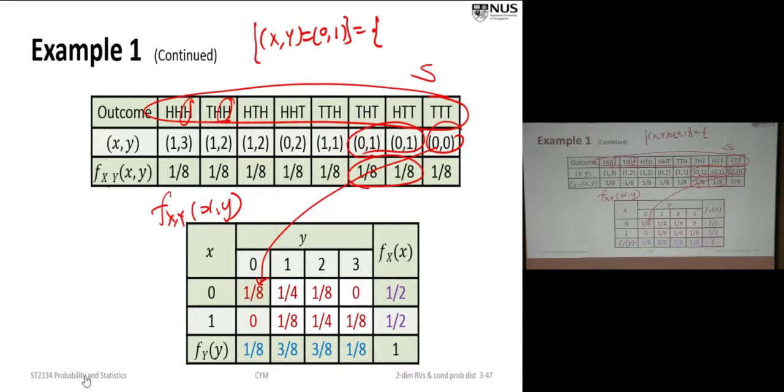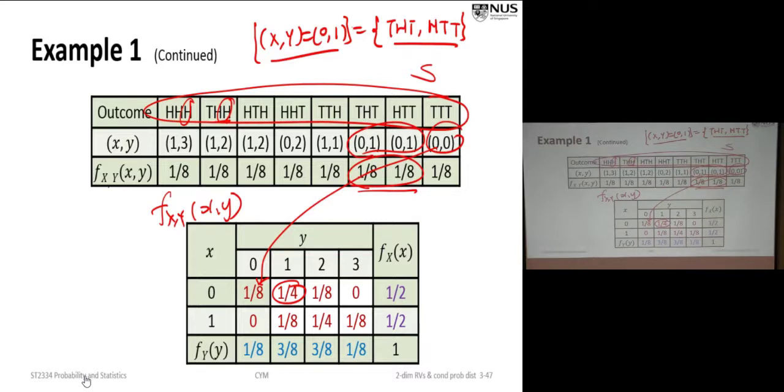It's equivalent to THT and HTT. So these 2 are equivalent events. All right? The random variable x equals 0, y equals 1 is equivalent to THT and HTT. So we have to add up these 2 probabilities, so it's 1/4. So that's how we construct the joint probability function for this example.